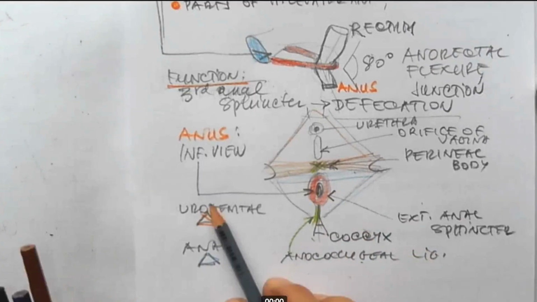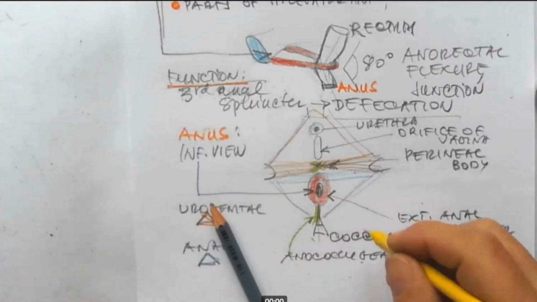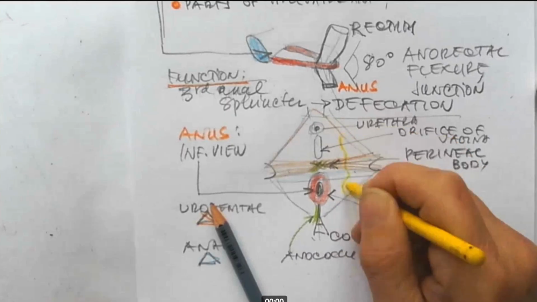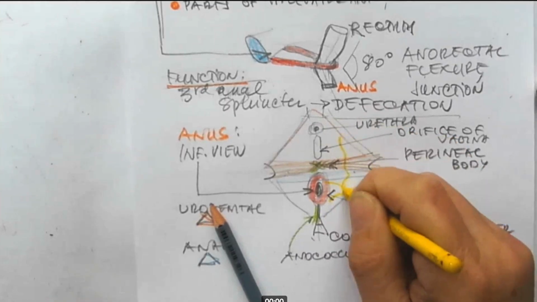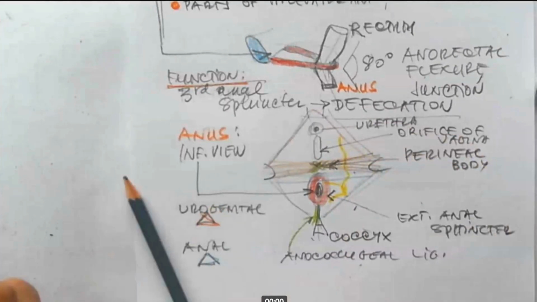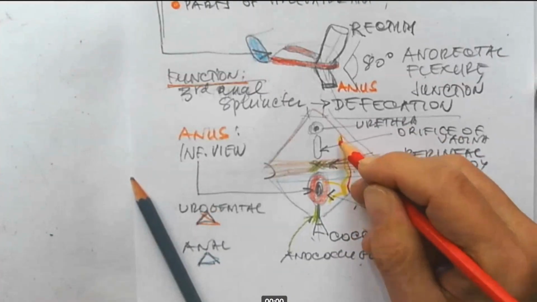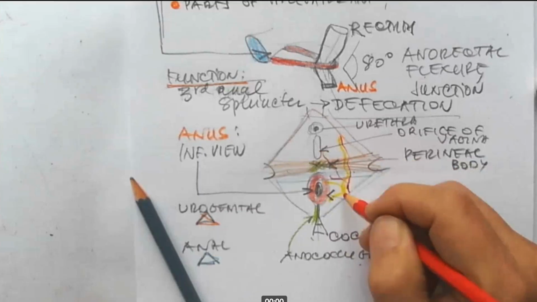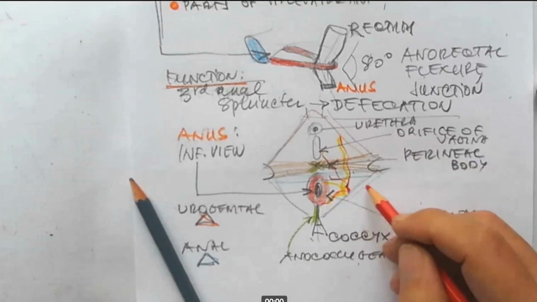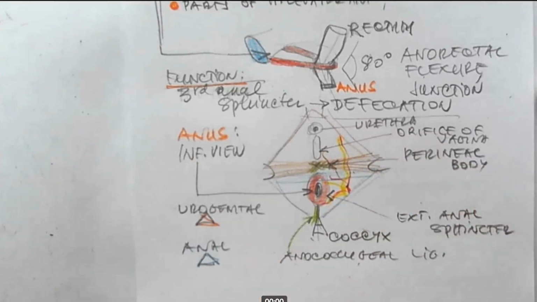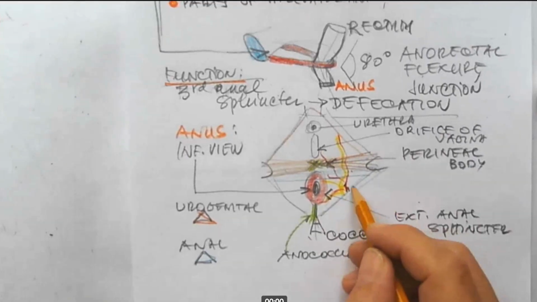Also, one more structure should be mentioned here, the nerve, because we are speaking about topography. Always the topography: the nerve and the artery. Maybe it is good to draw here the artery and nerve, which are the main ones supplying the perineum.